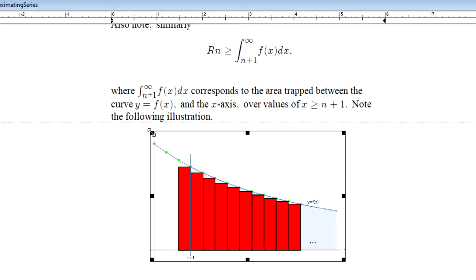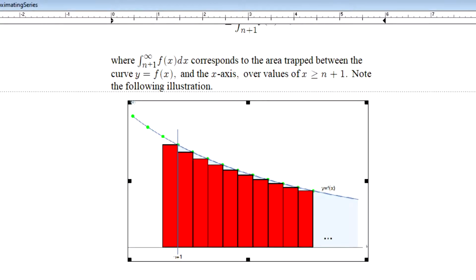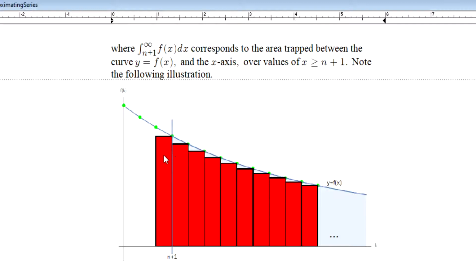Note this illustration. If we blow up this illustration a little bit so we can see it more clearly here in the video, we again have all our red bars. We're trying to approximate the area in all these red bars. We just learned that they will be smaller than the improper integral for this function f that begins at the leftmost bound on these bars, which is the value of n.